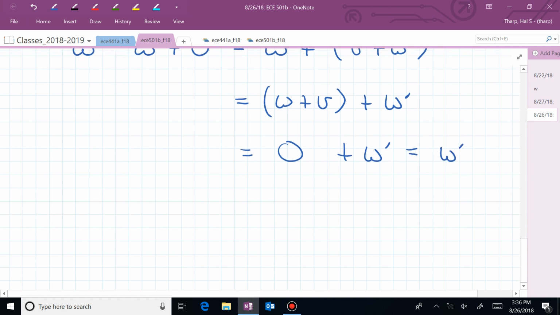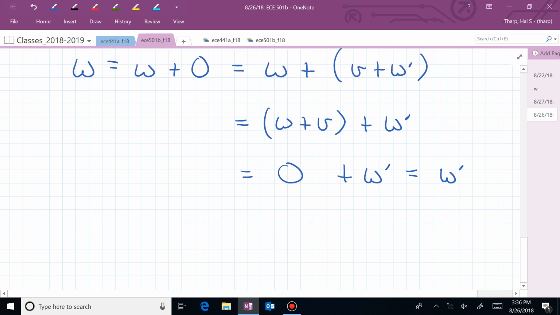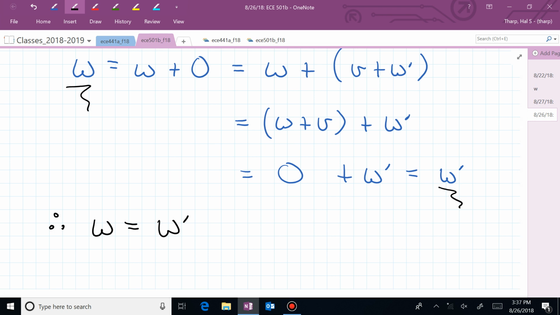And now what can we conclude? Therefore, W, the far left-hand side right here, is equal to the far right-hand side. We've now shown that W is equal to W prime, and that's a contradiction because we said initially that they were different.